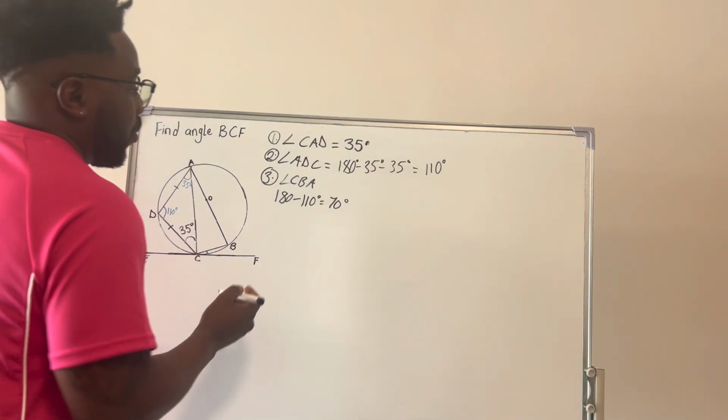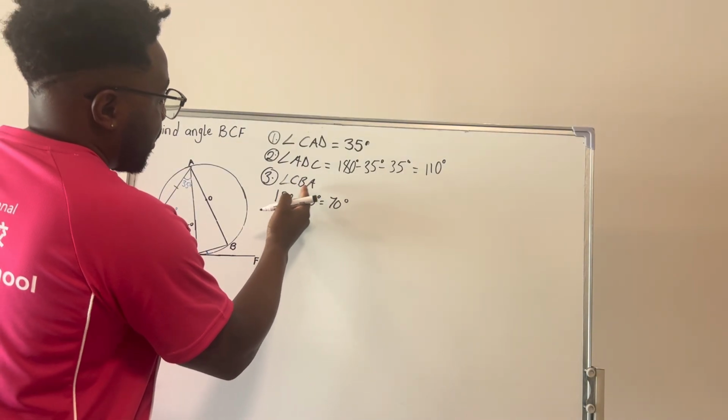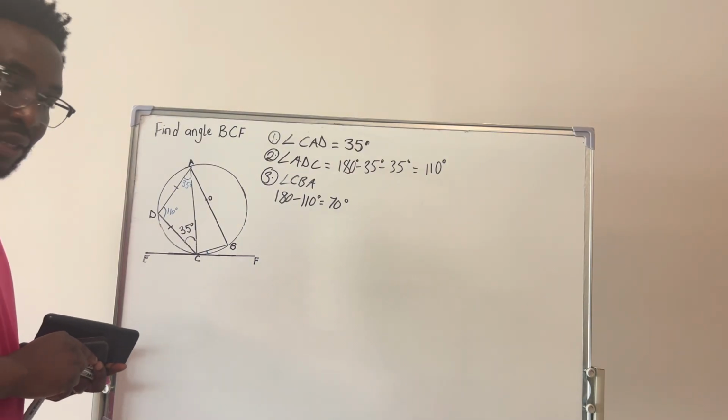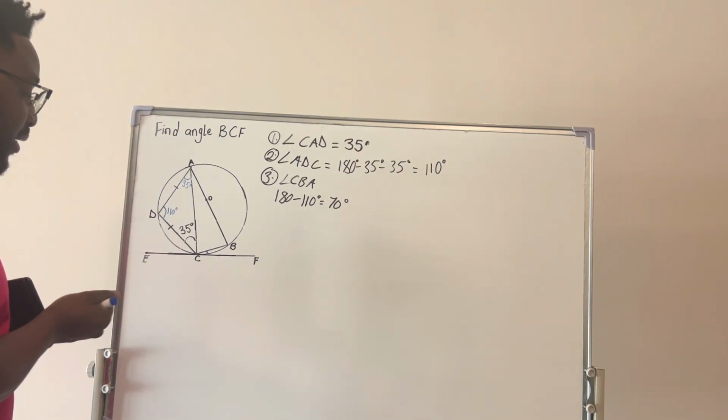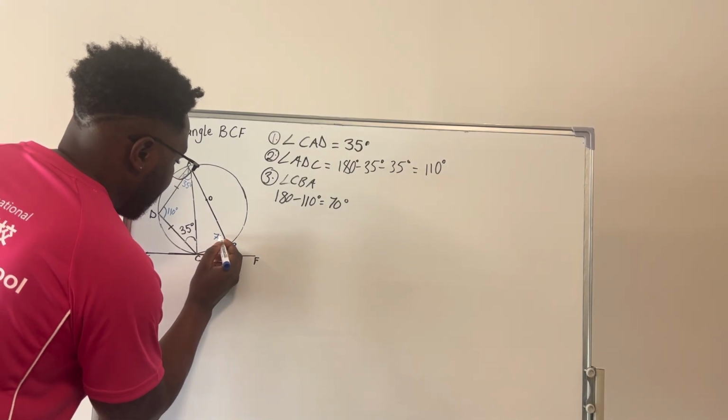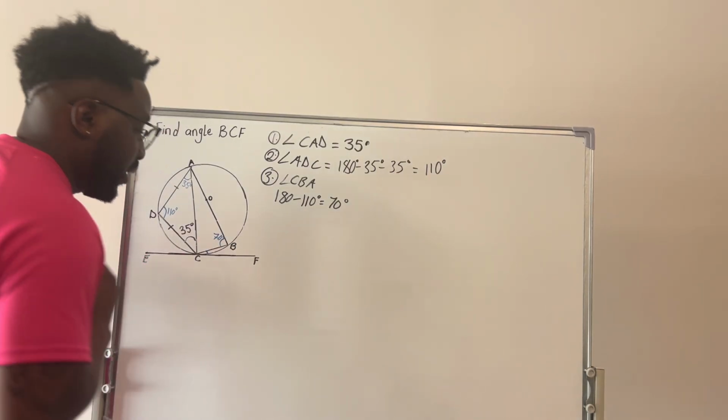So our angle CBA is 70 degrees. Let me label that as well right here. That's now 70 degrees.